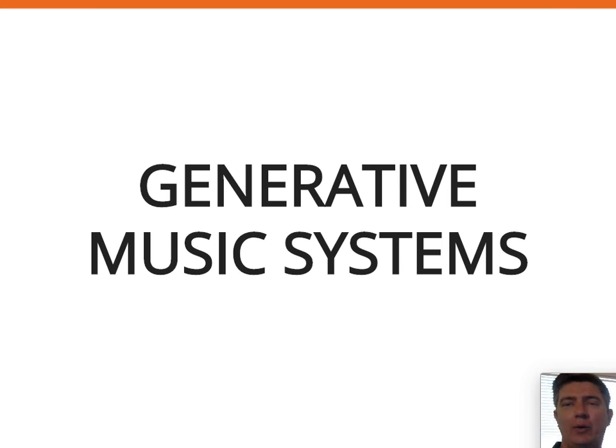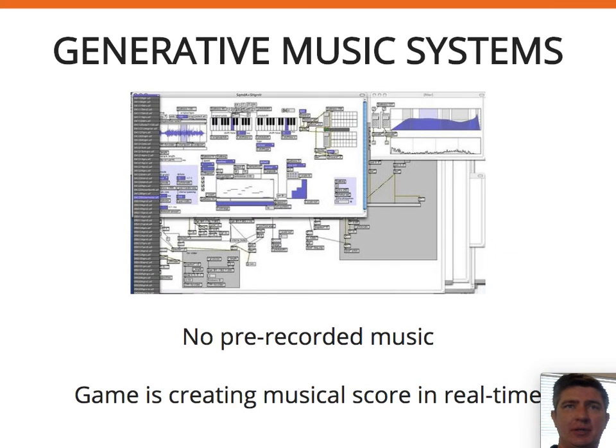And for our last topic here, we are going to discuss generative music systems as another approach to creating music for a game. And a generative music system has no pre-recorded music. This is where the game is generating the music soundtrack in real time.